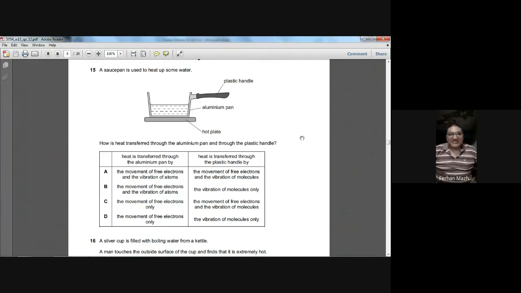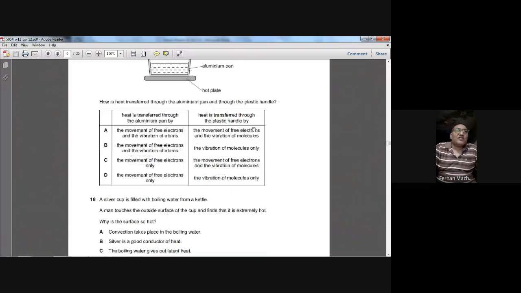So heat is transferred through the aluminum pan by the movement of free electrons and the vibration of atoms, and heat is transferred through the plastic handle by the vibration of molecules only. So B looks like the correct option. For question number 15, B is the right option, students. I hope you have understood it.